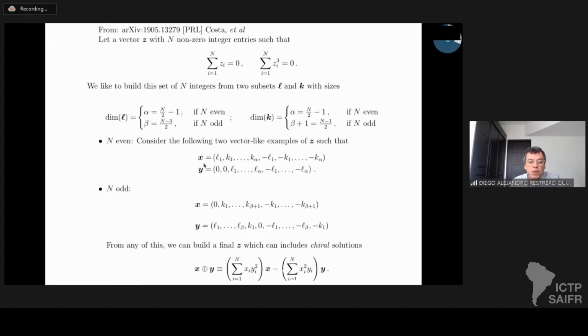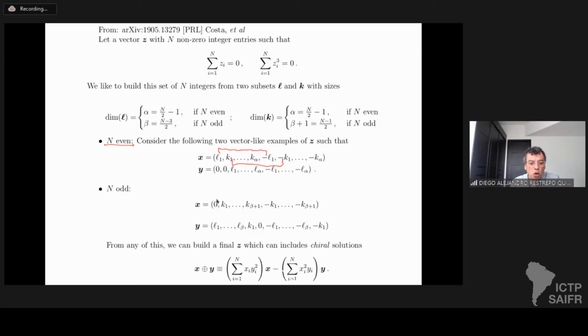And with these integers, we can build the following. For example, we can find one trivial solution X with n fields by using vector-like solutions. For example, L1 and minus L1 are vector-like, K1 and minus K1 are vector-like, and so forth. I can also build another vector-like solution. This is for the case of n even.